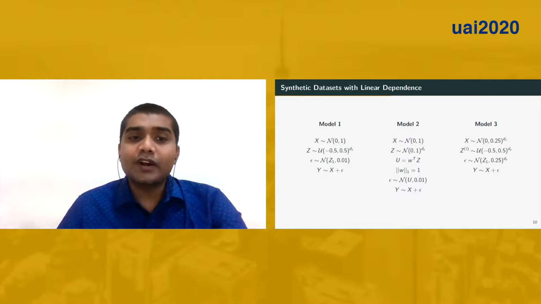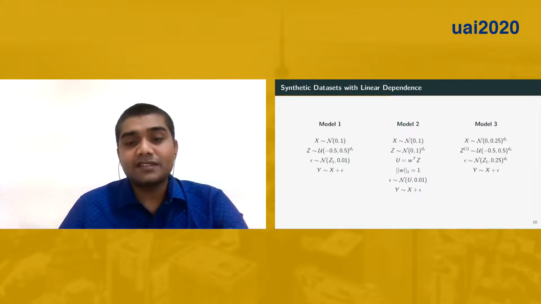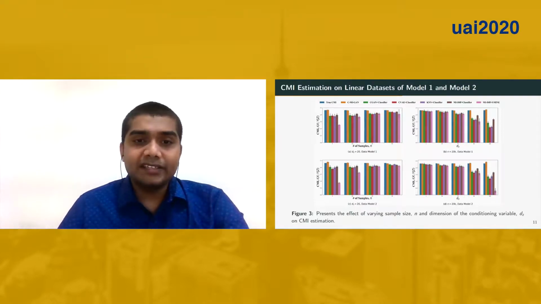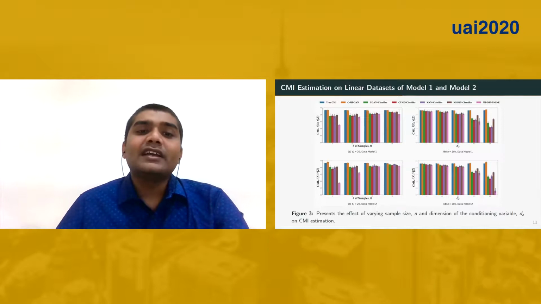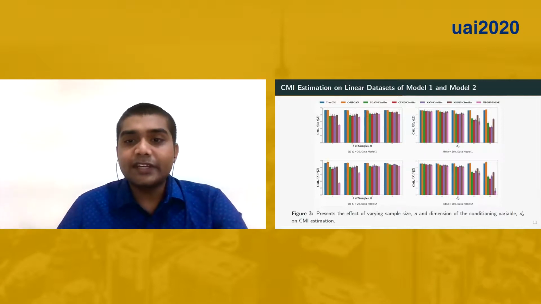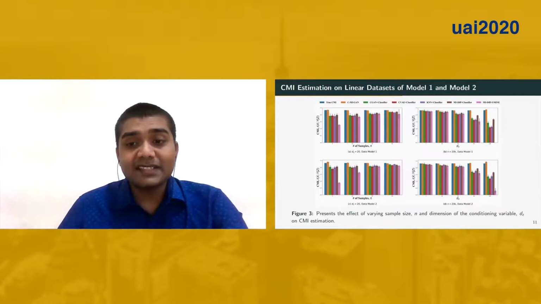In the first two models, x and y are unidimensional, whereas the conditioning variable z is multidimensional. As we can see in figure 3a and c, we fix dz and we study the effect of variable sample size. Whereas in figure 3b and 3d, we fix the sample size and study the effect of variable dz.